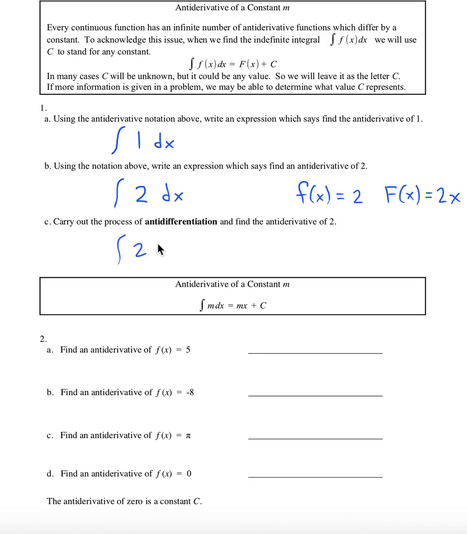So what we want to do here to actually solve the problem is to write that antiderivative of 2x, but we can't stop there. We have to finish the problem by putting plus c to acknowledge that there are many possible answers. It could be 2x plus 1, it could be 2x plus 2, 2x plus 3. Any of these would work, right? So that's how we'll answer the question.